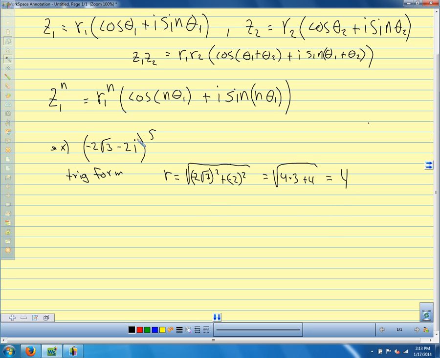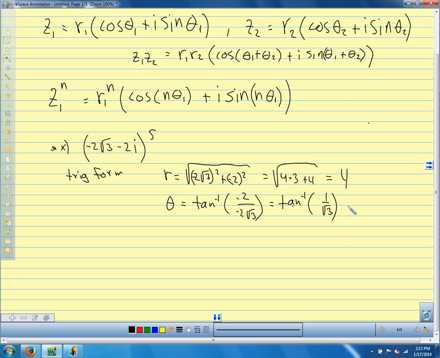And then we're going to find our theta. Theta is the inverse tangent of negative 2 over negative 2 square root of 3, which gives us the inverse tangent of 1 over the square root of 3. In what quadrant are we here? Third quadrant. So we want a third quadrant angle whose tangent is 1 over the square root of 3.